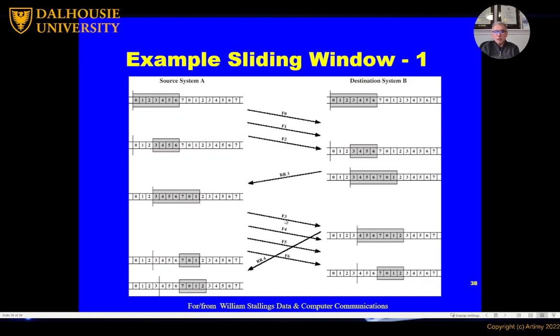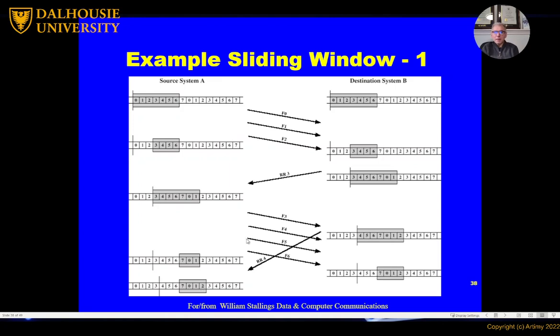So now A can send 3, 4, 5, 6, and by the time it finishes sending frame 6, it receives an acknowledgement for frame 3. So now it received an acknowledgement for only 1 frame, not all of them. So it extends its window by only 1, right?